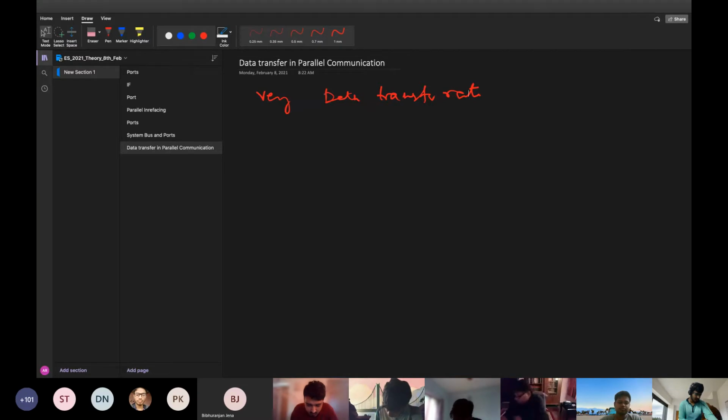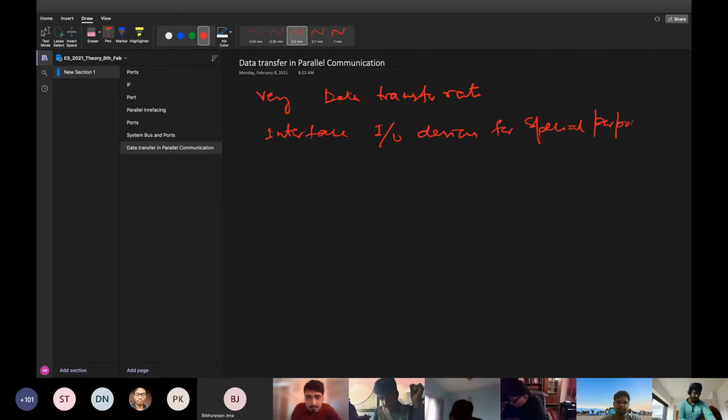And whenever you want to interface other I/O devices for special purpose, you need parallel interface. So the data transfer in parallel interface has several modes. I'm going to talk about that right away.